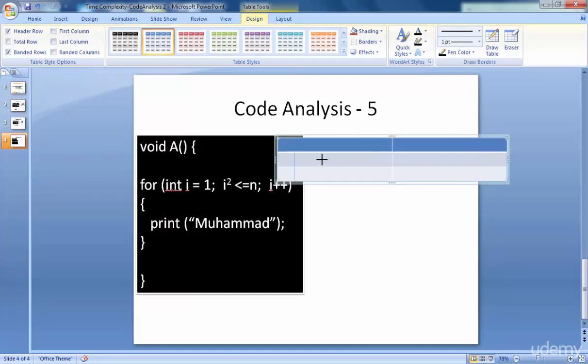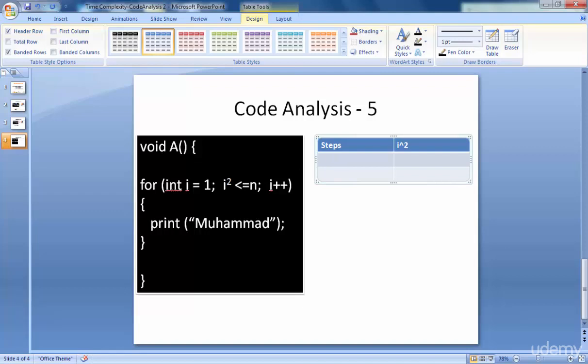Okay, so here we have I, and with the power of 2. First we will take steps, and then I with the power of 2, incrementing with this power.